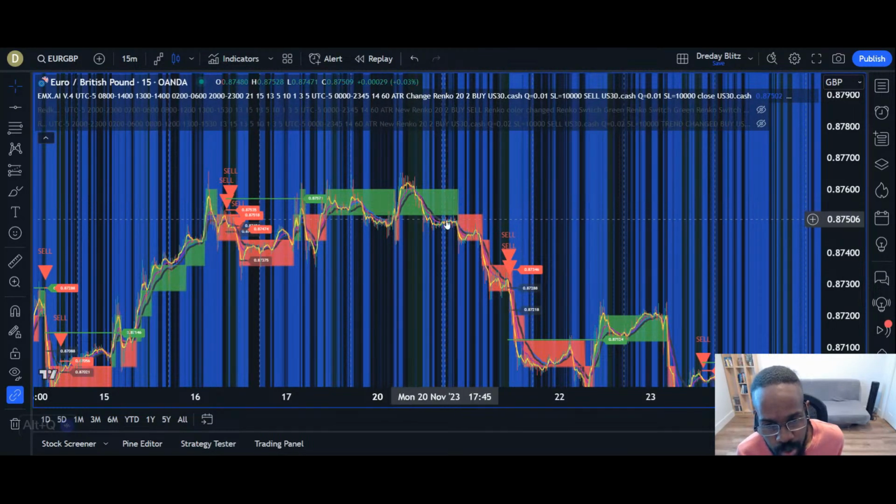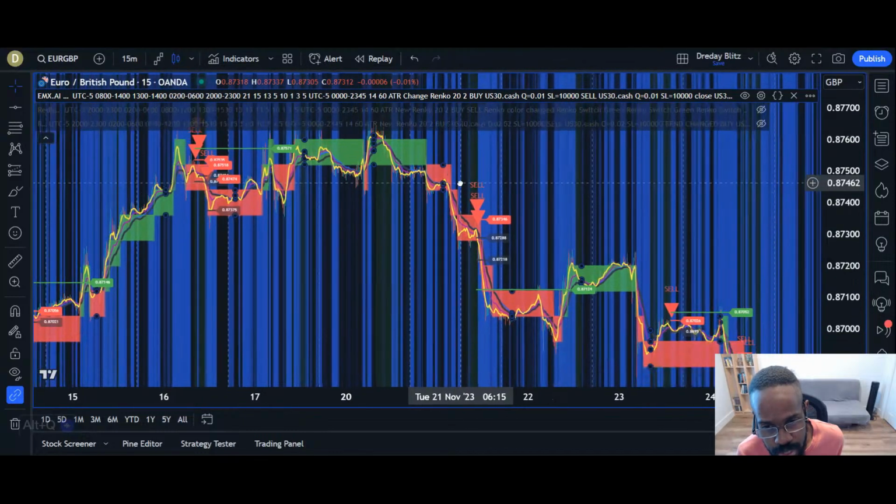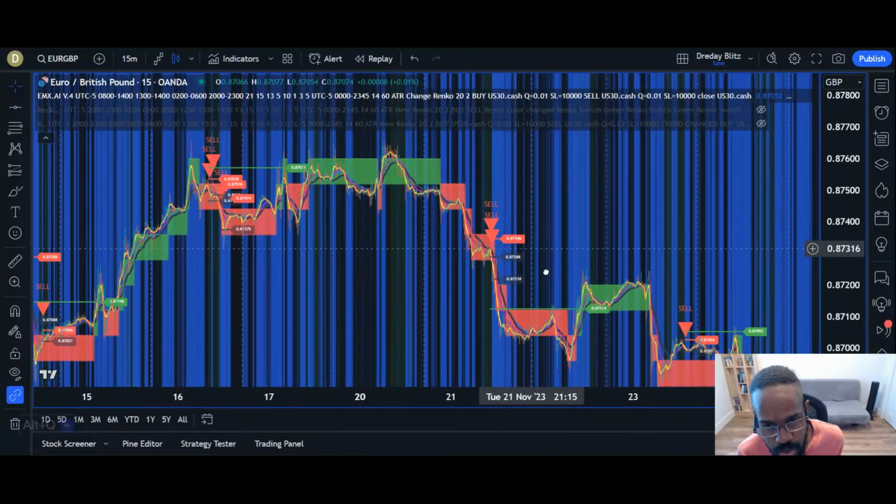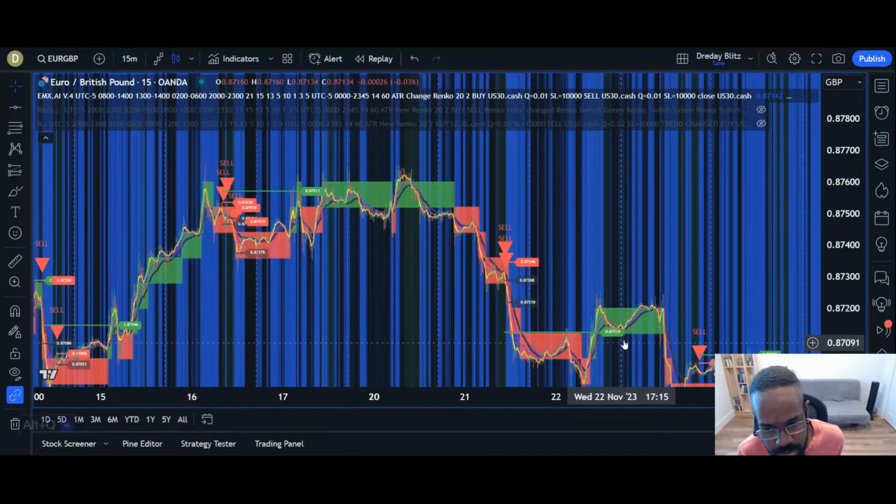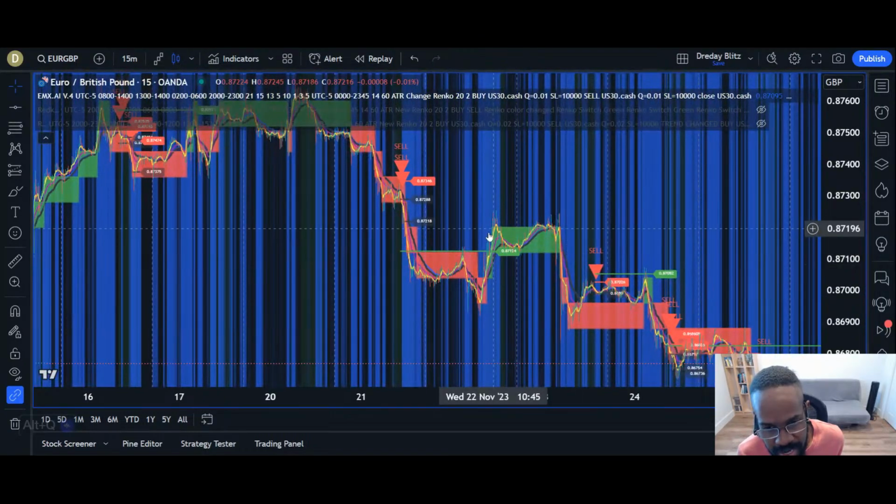But right now, you're going to have an actual notification that tells you we're switching to red or switching to green. If we're switching from green to red, you'll receive a notification that we're looking for sells, and you're only going to receive sell signals until it switches back to green.